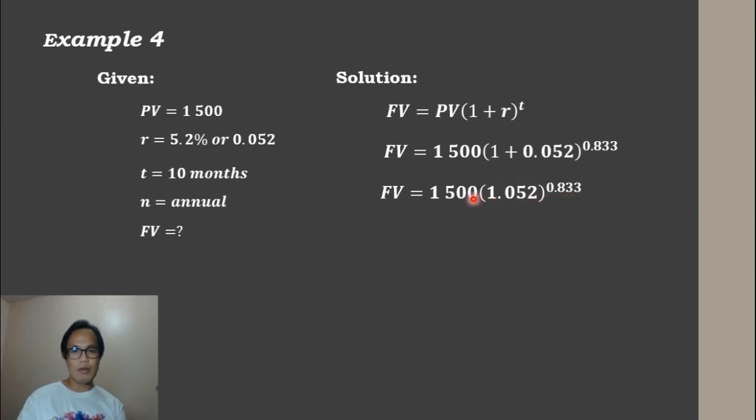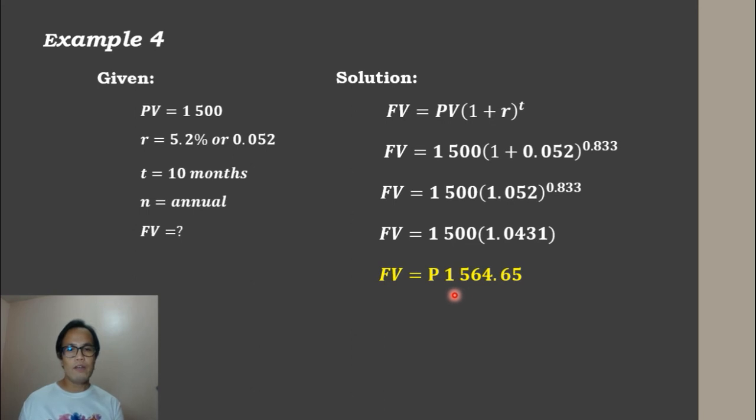So we copy 1,500 times 1.052 raised to 0.833. That will give us 1.0431. Then we multiply this number by the present value, which is 1,500. That would give us 1,564.65. So the future value for the present value of 1,500 is 1,564.65.